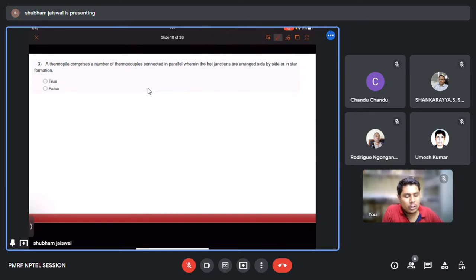Okay, let's see. The thermopile is derived from the thermocouple.